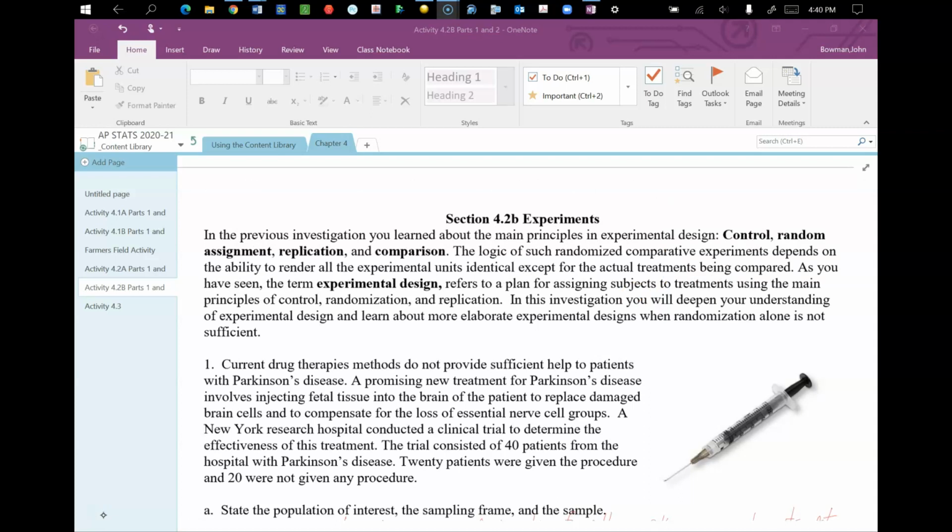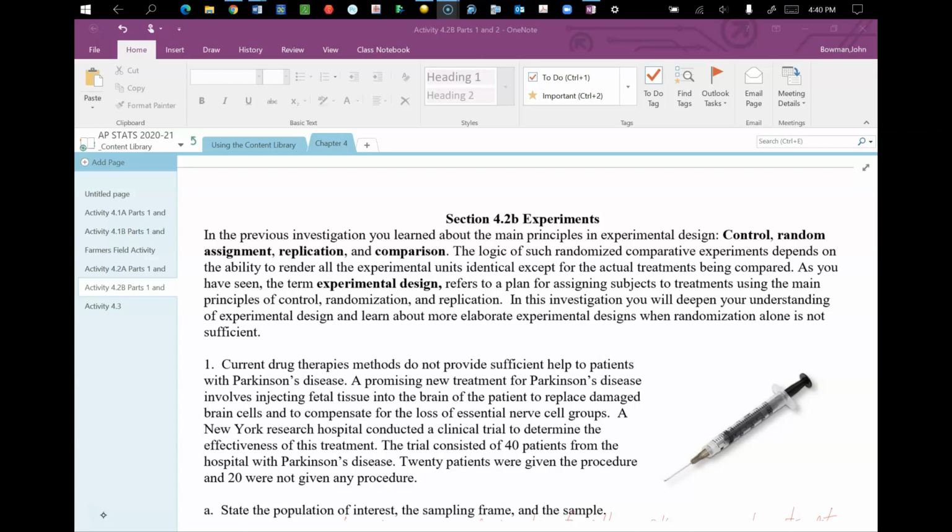So before we get into the details of the placebo effect in this example and how to control that, let's do a little review. We want to know the population of interest, the sampling frame, and the sample. So I would say that the population of interest is all people with Parkinson's disease. The sampling frame, if you recall, is the list from the population from which we will be selecting our subjects.